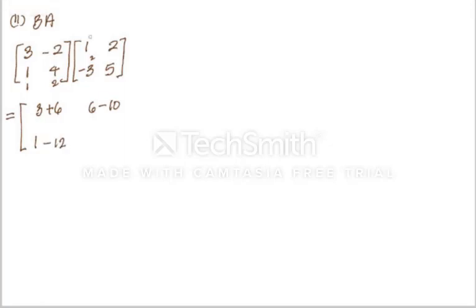So multiply the bottom row by the left column; that's going to give me the bottom left element. Now I'm going to multiply the bottom row by the right column to get the last element, the bottom right element. 1 times 2 is 2. 4 times 5 is 20.